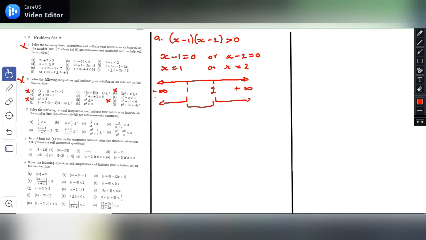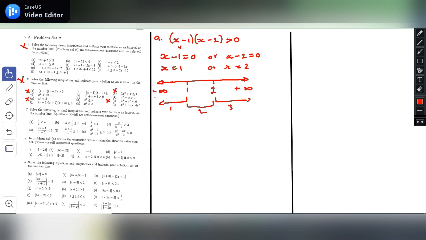How can we get those signs? Remember it's 1, 2. Let me name them like this. We're going to start with the first one. We have to take any value which is less than 1. So we can take 0, -1, -2, -3, and we plug it in the original equation that we have. We don't care about the answer.